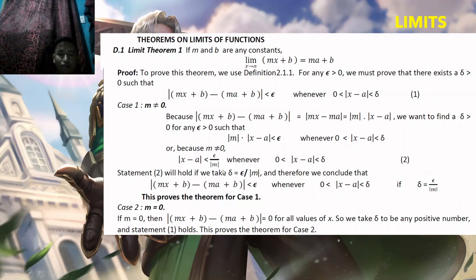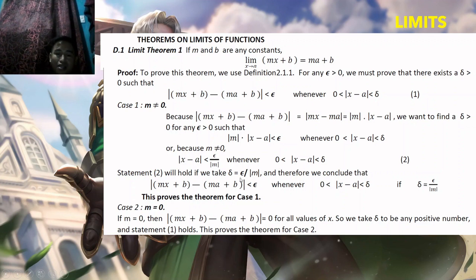Okay. So, epsilon is positive, class, and the absolute value of m is positive. So, this becomes epsilon over the absolute value of m. We will take this as delta. So, whenever this one. Okay, statement 2 will hold if we take delta equal to epsilon over the absolute value of m.